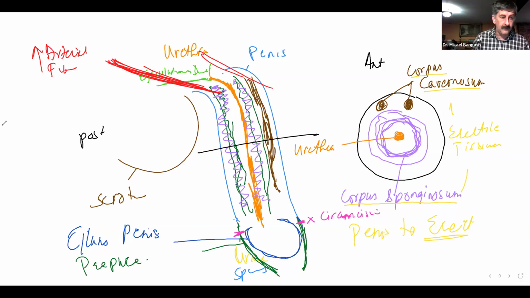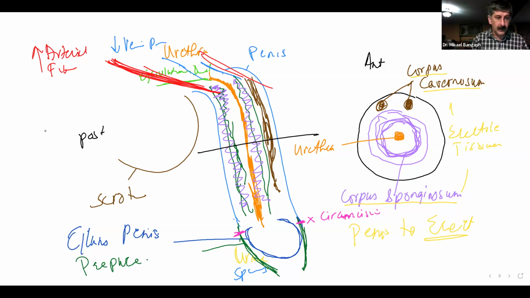On the other hand, the venous flow away from the penis, we can say there's going to be a reduced venous drainage.